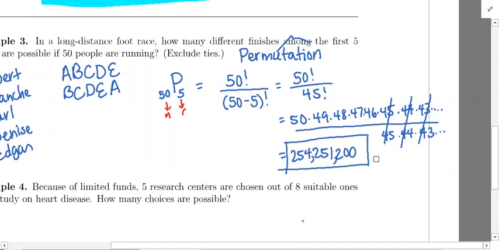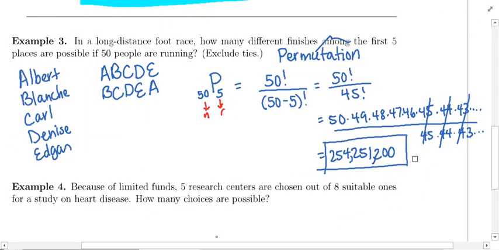Like I said, I would show you how to put this in the calculator. I don't expect you to do this computation every time. My big thing here is I want you to understand that this problem was a permutation. If you're choosing from 50 people, looking at groups of 5, and arranging them, does the order matter?